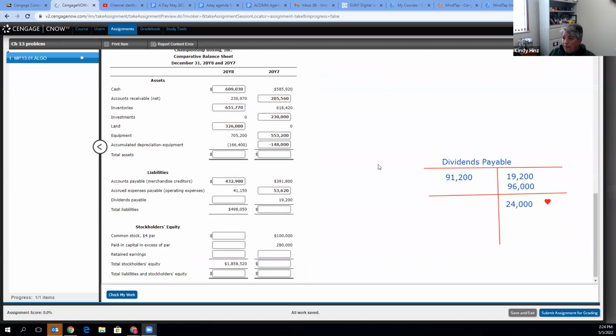And so if the beginning balance in dividends payable was $19,200, we declared $96,000 in dividends and paid $91,200, then the ending balance must have been $24,000.